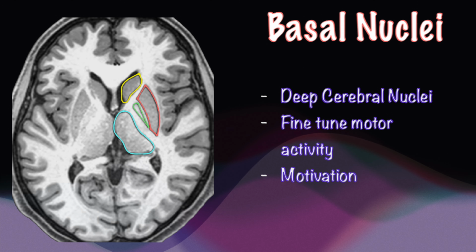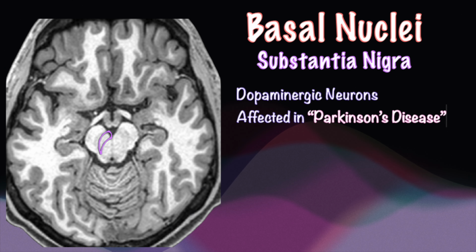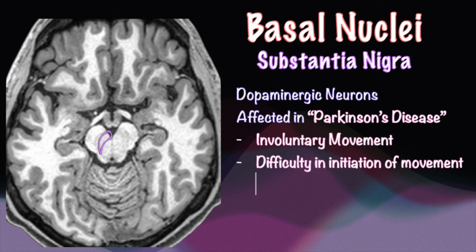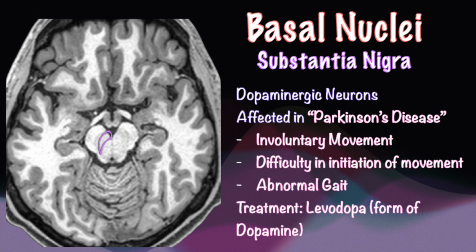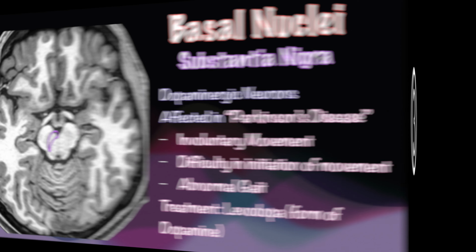In the substantia nigra, we have dopaminergic neurons whose activity is affected in disorders like Parkinson's disease, where patients present with symptoms like involuntary movement, difficulty in initiation of movement, and unstable gait, among many others, and this disorder is treated by giving dopamine. They are also involved in other movement disorders like Huntington's chorea.